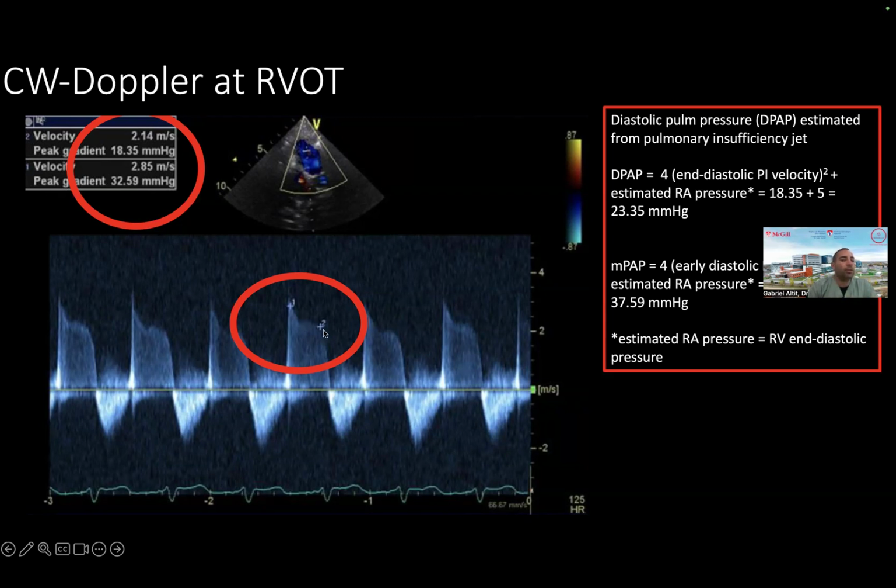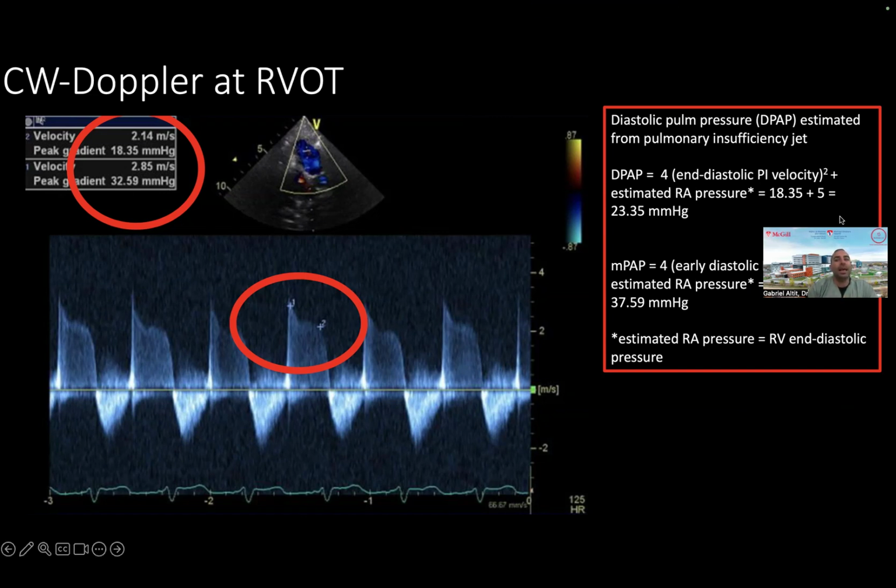Why? Because towards the end of diastole, the difference of pressure between your pulmonary artery and your RV is minimal. So you get less difference of pressure. So this is a gradient. A gradient means that you have a difference between two chambers. So this informs you about the gradient between the PA and the RV during diastole when the pulmonary valve is closed.